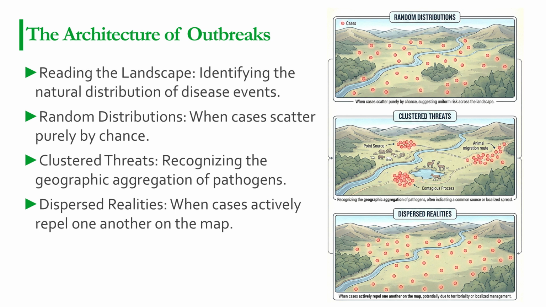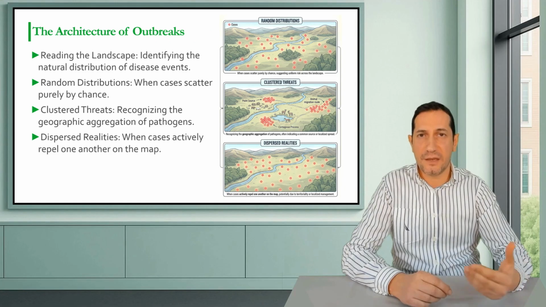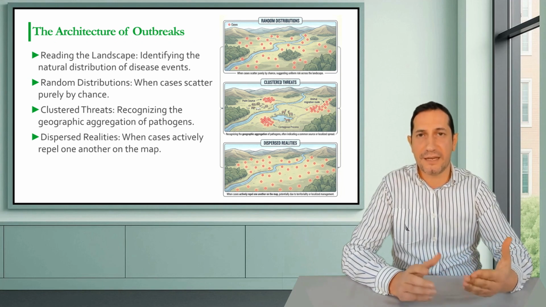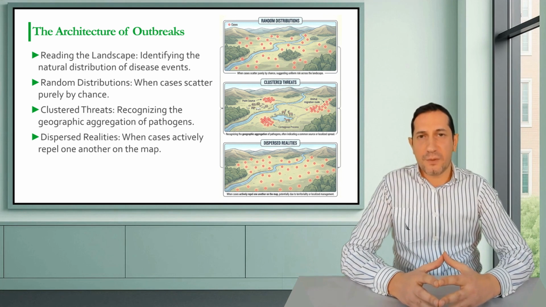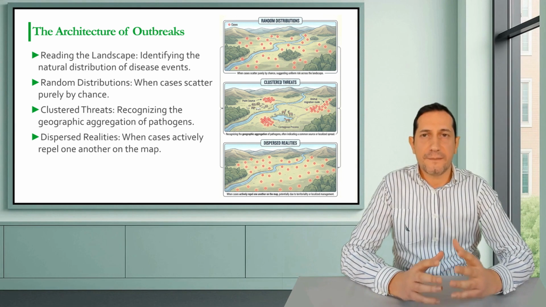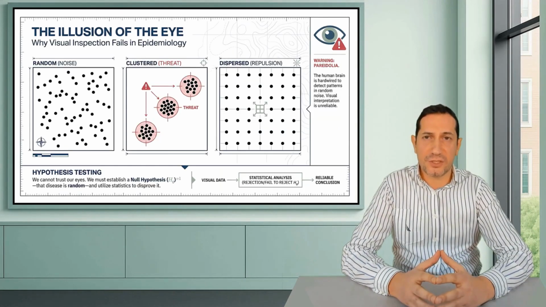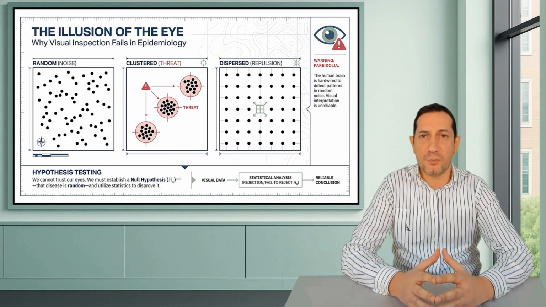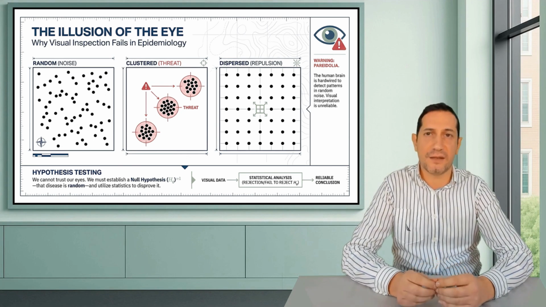Early maps are descriptive and are usually created without a formal hypothesis. Even so, they are essential. They guide our thinking and provide the foundation for the analytical studies that come next. A key rule in epidemiology is that we cannot rely on our eyes alone. The human brain naturally looks for patterns even when data are random.